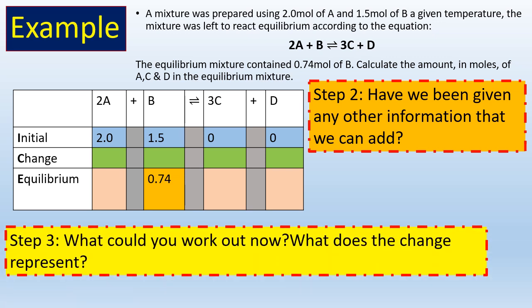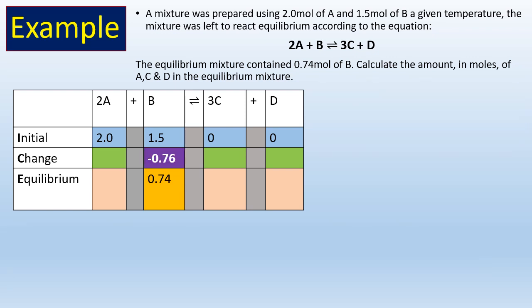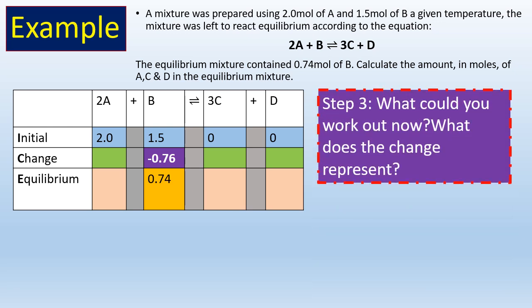Now, if we know how much B we started with and how much we have in the equilibrium mixture, we can work out how much B has changed. So the change in B was minus 0.76, and we can put that on our table.